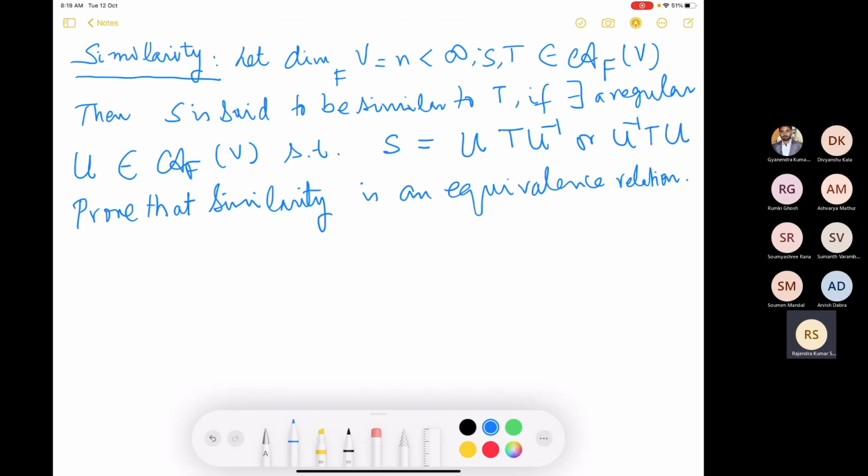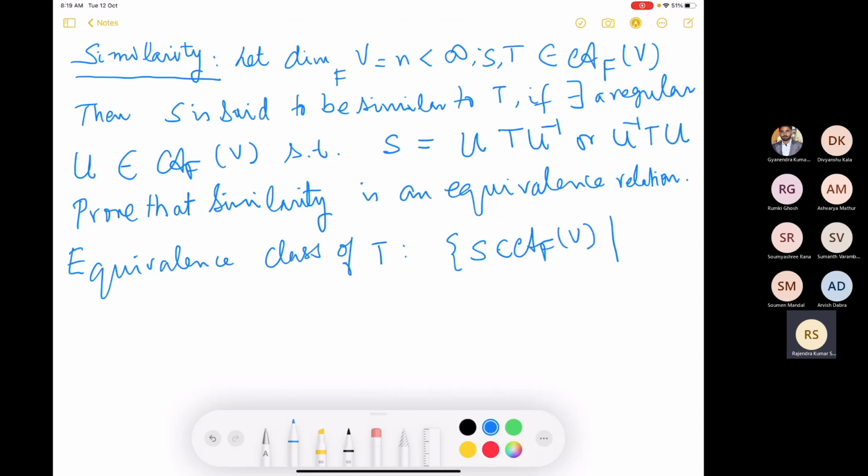Once we have an equivalence relation on a set, then correspondingly we have equivalence classes. So what is the equivalence class, with respect to this equivalence relation, of the linear transformation T? It consists of all linear transformations S in A(V,F) such that S is similar to T.